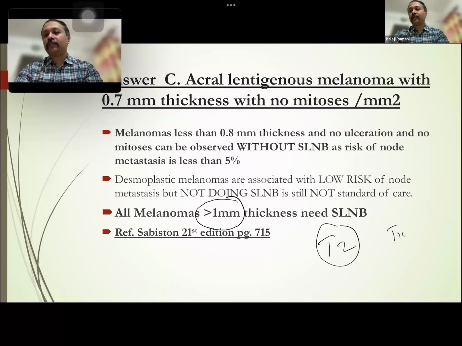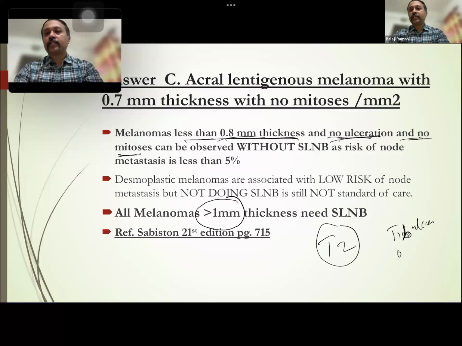Again, T1B is basically with ulcer. So anything which is more than 0.7 or 0.8 millimeters. For T1A, you can remember 3 criteria: less than 0.8 thickness, no ulcer, and no mitosis.